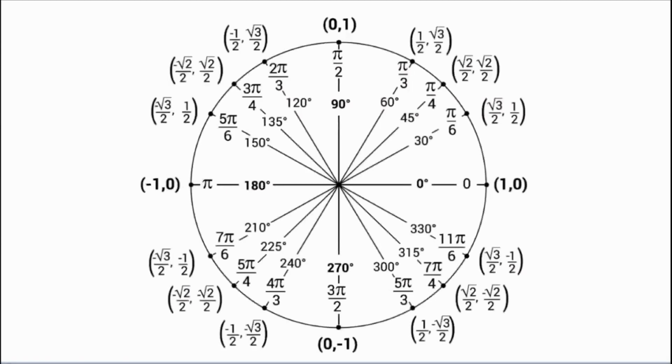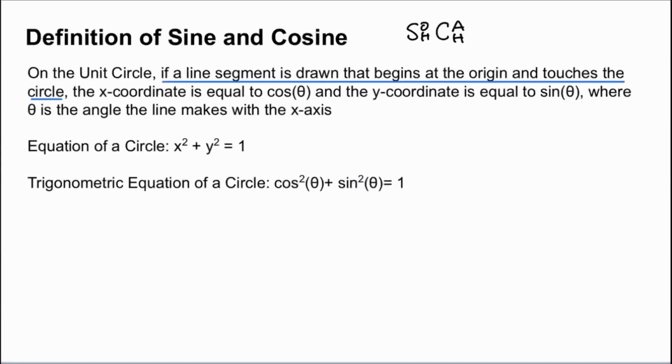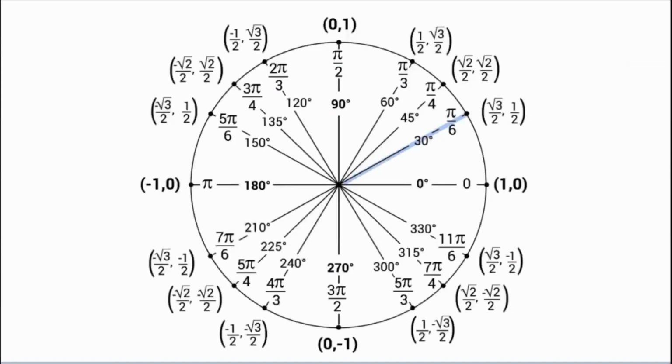It's a circle that we have already drawn in the past, so I won't explain everything, but we're just going to have this line that starts at the origin and touches the circle. That's what that blue line is. And I'm just going to go quickly to the end here, where theta is the angle the line makes with the x-axis. So now let's label that here.